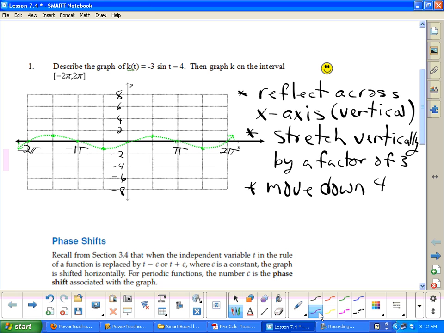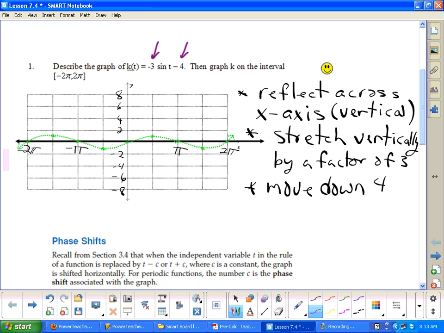We're going to take all the y values and multiply them by -3, and then subtract 4, because those are all changes in y values. So the -3 here means I'm going to multiply them by -3, and then the -4 means I'm going to subtract 4 then.